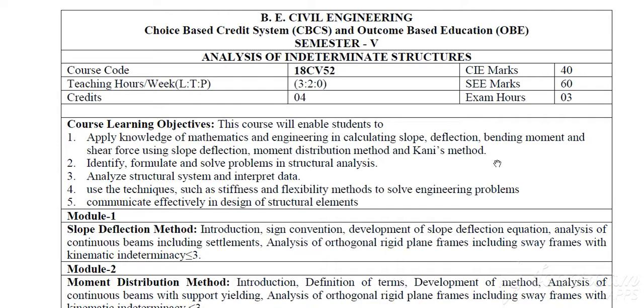But one time you can recall, determinate structures means, if it is possible to analyze any particular structure by using three equilibrium equations, then that type of structure we call determinate structure.